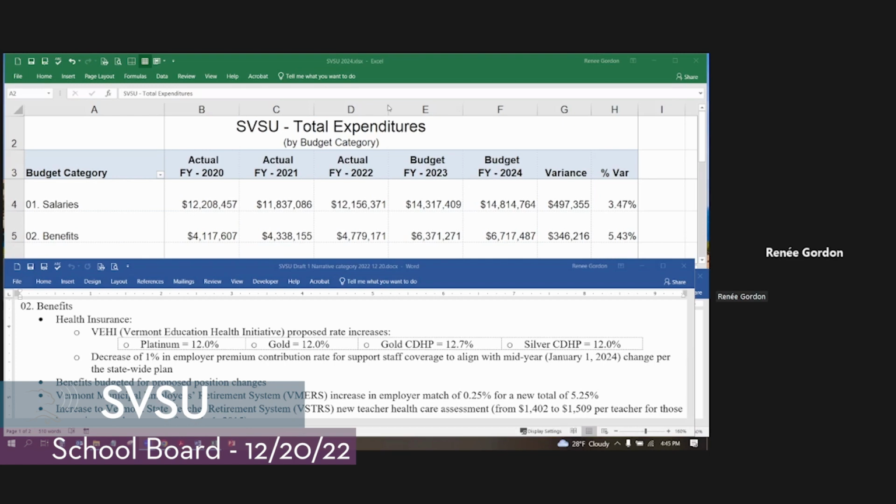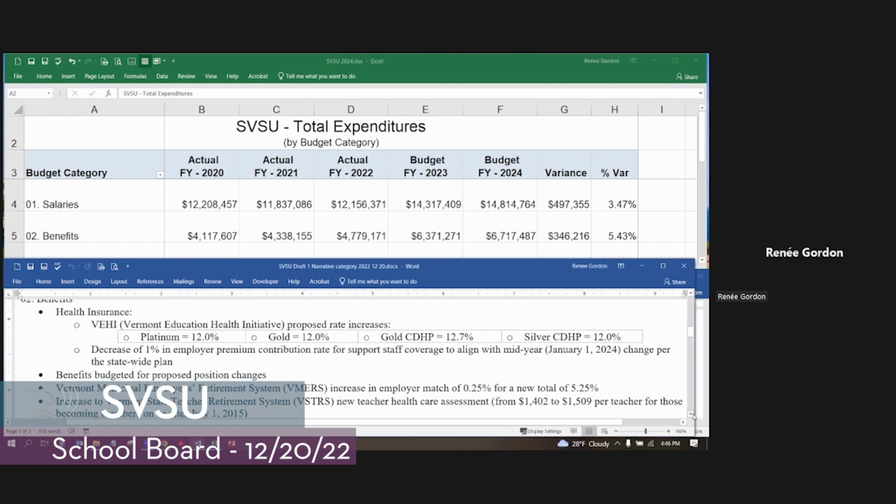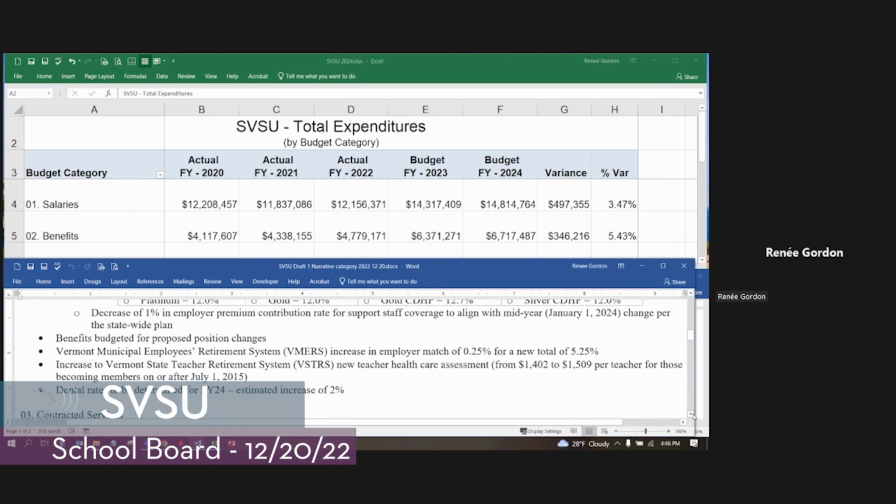We also have incorporated any budgets associated with the positions that I had noted previously. We do know the Vermont Municipal Employees Retirement System will have an increase of 0.25%. So we have factored that in for those people that are participating and eligible for that benefit. And we just received word earlier this week from the Vermont Treasurer's office that there's an assessment that we've been paying for a number of years now, and it tends to go up every year.